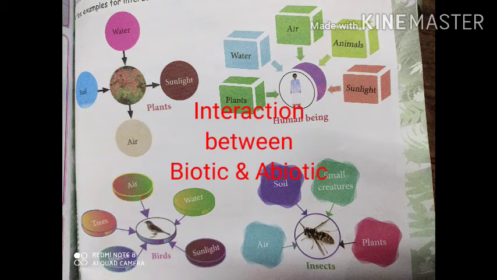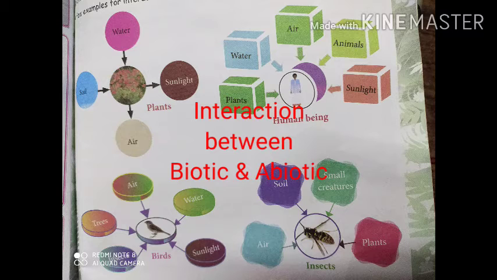Then now we see the interaction between biotic and abiotic factors. That is, interaction means relationship. You know that biotic means all living things are biotic factors, and abiotic factors are all non-living things.